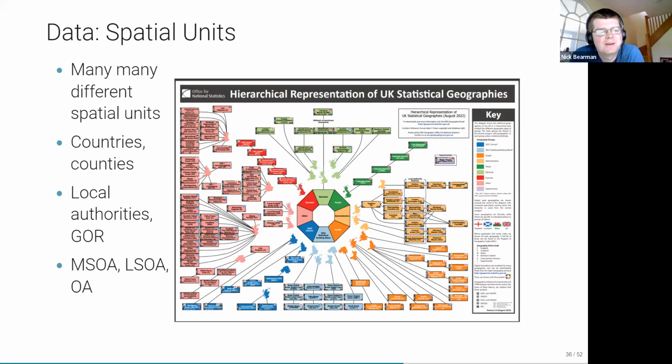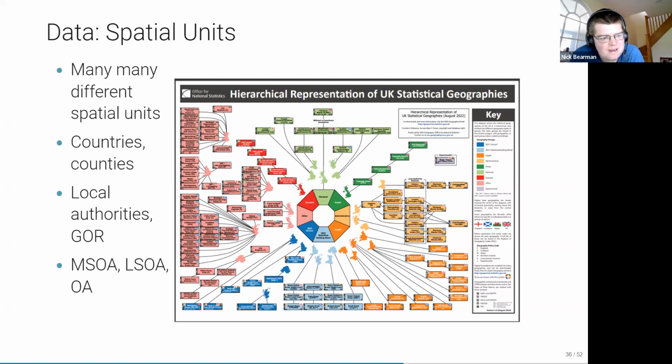Worth mentioning in passing, we have lots of spatial units. So this was a massive poster produced by ONS looking at the UK statistical geographies. There should be a link on the slide. So that's well worth a look. It can help you work out what's going on. There are lots and lots of units is the key thing here.